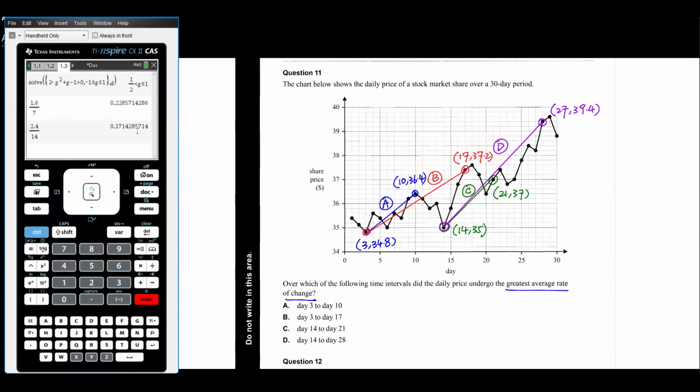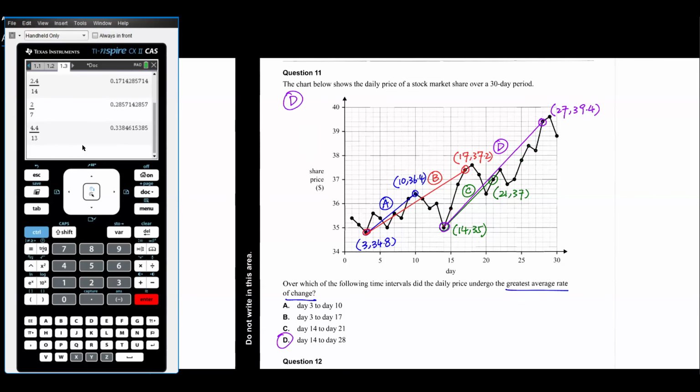So you can see this gradient is flatter because the gradient is smaller. And the third one is 2 divided by 7. Actually, the last one would be 9.4 minus 5 divided by 13. Yep, that has the largest value. So option D is the correct answer.